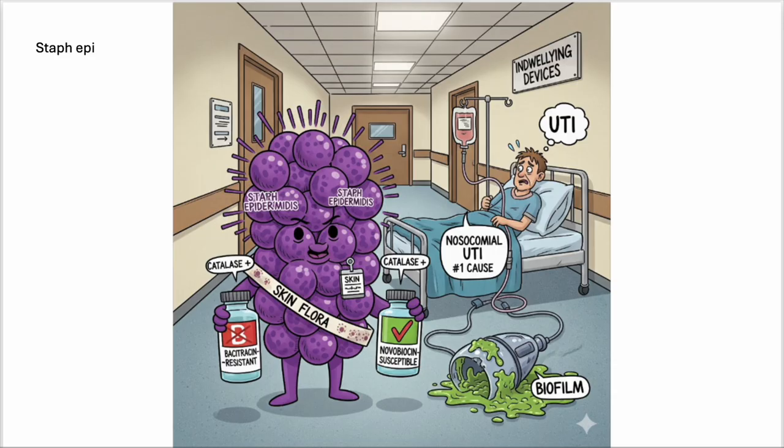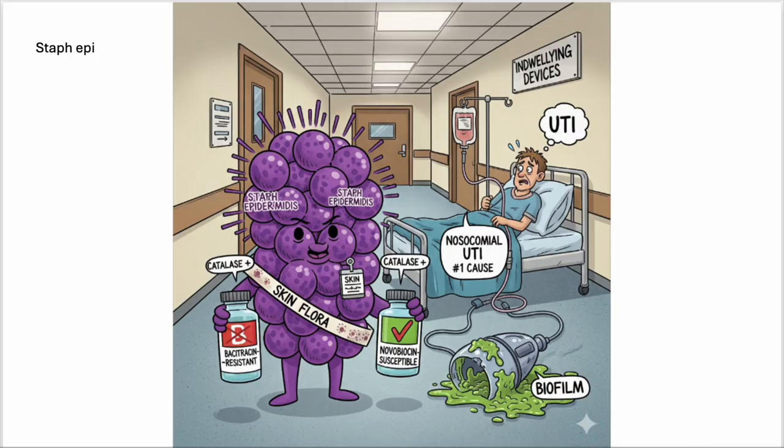When you're working your way down your testing, once you get to coag negative, next you're going to be doing novobiocin, and the staph epi is going to be on the susceptible side, and Staph saprophyticus, which is what we're going to cover next, is the novobiocin resistant.